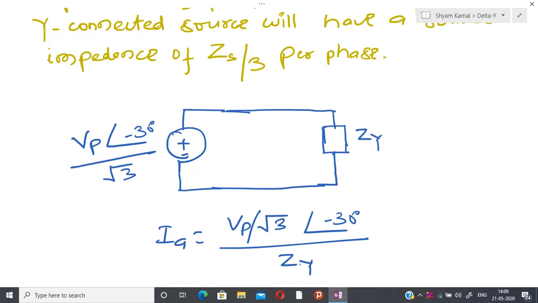So due to that reason, the conclusion is that for practical purposes we connect the balanced source in Y topology and the load in delta topology.